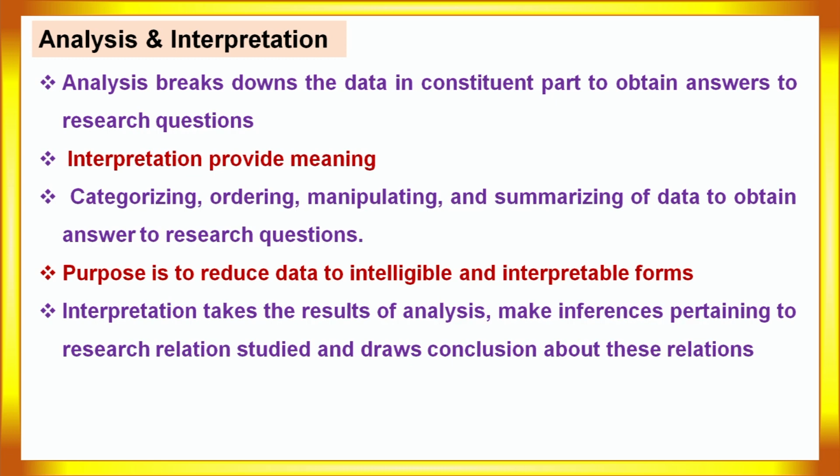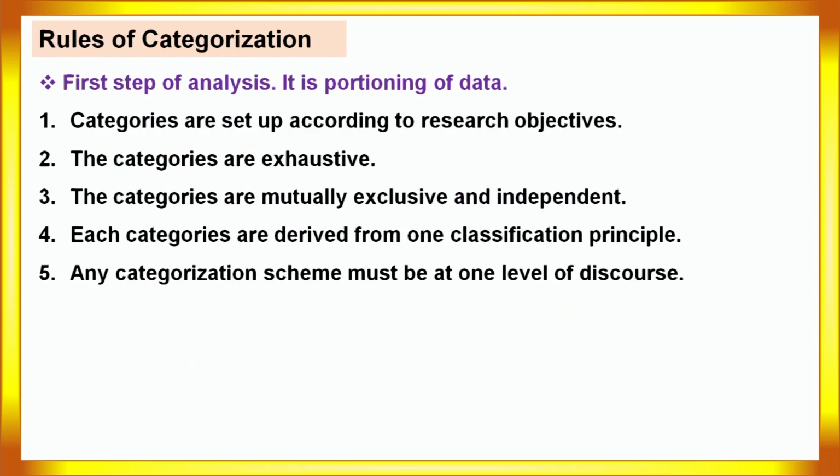Then interpretation takes the result of the analysis, makes inferences pertaining to the relations studied, and draws conclusions about the research questions, or about the relation stated in the hypothesis. So, that is the ultimate target of research, finding the answer, which is generally done first through analysis, and then through interpretation.